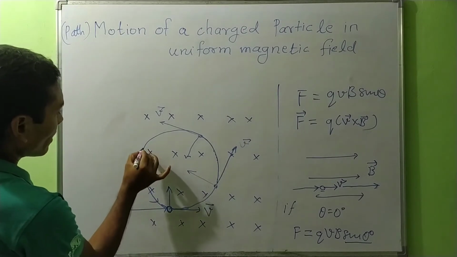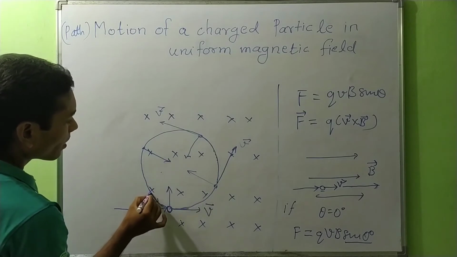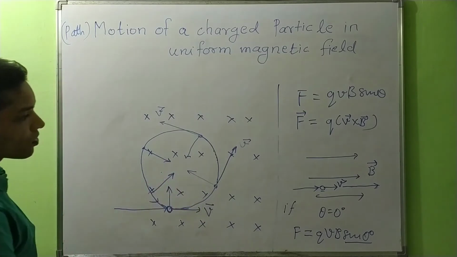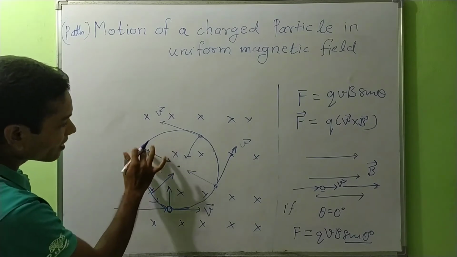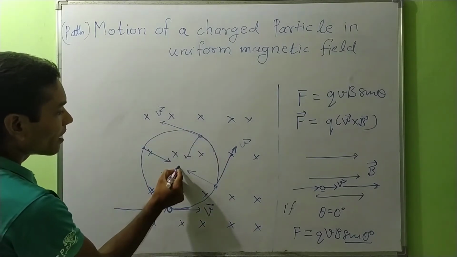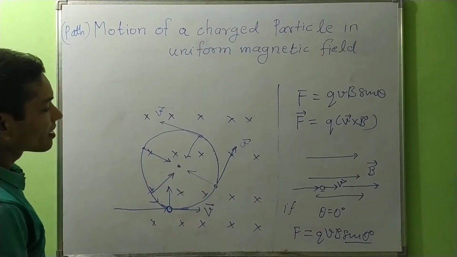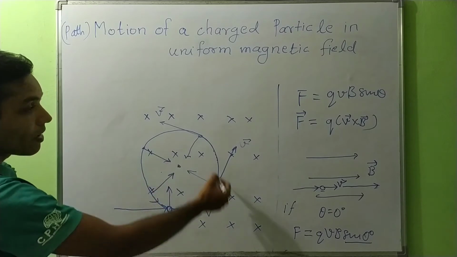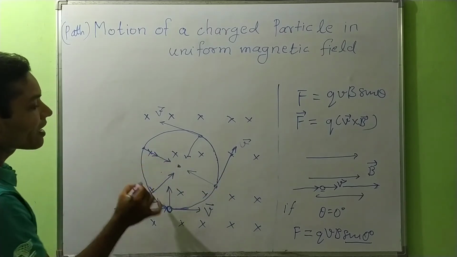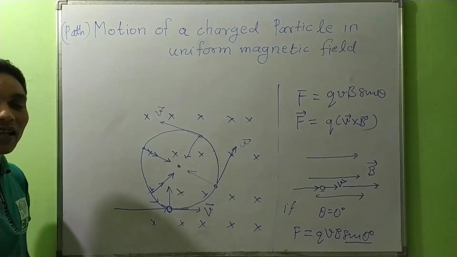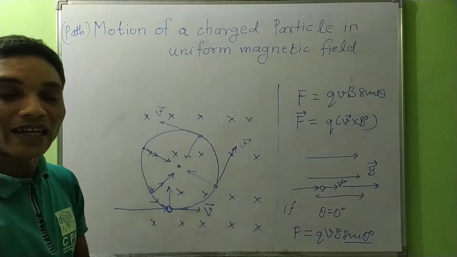At every point, the charged particle will feel the magnetic force towards a point inside the path, towards this point, and this point is the center of the circular path. And this force acting on the charged particle is directed along the center point.